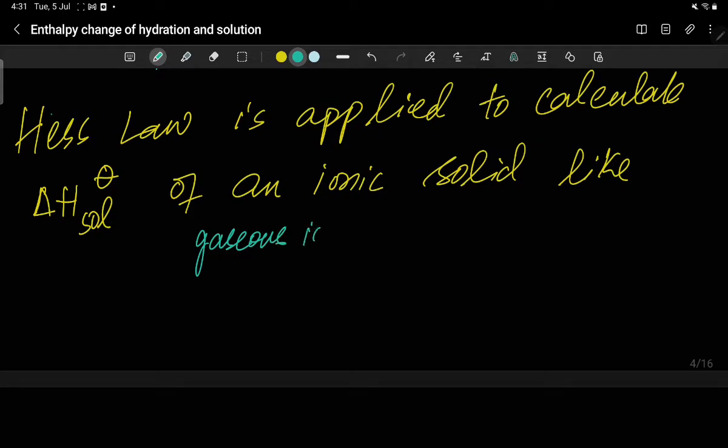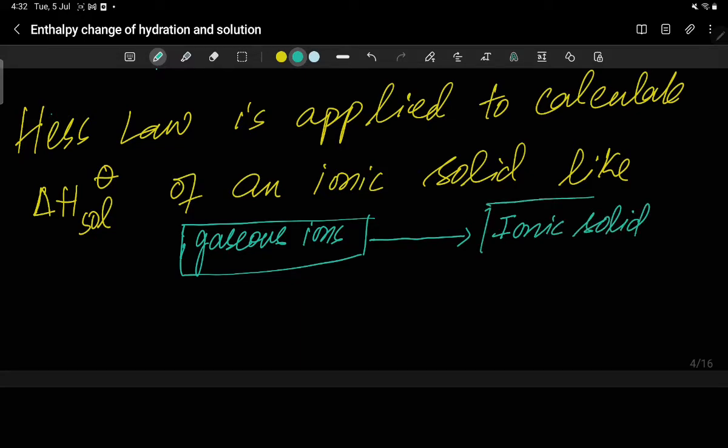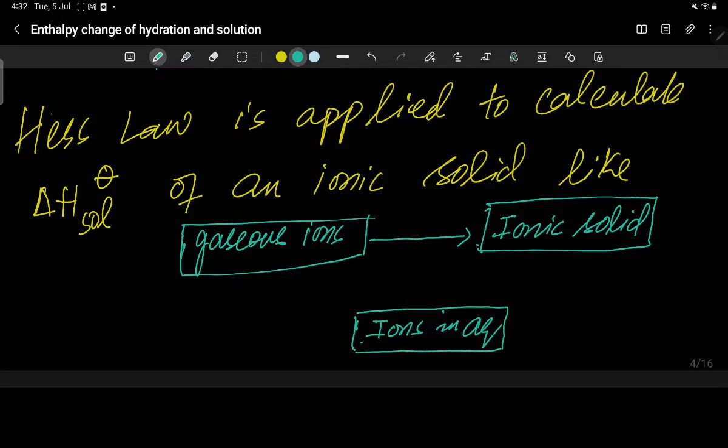Gaseous ions, so gaseous ions into aqueous ions is exothermic.